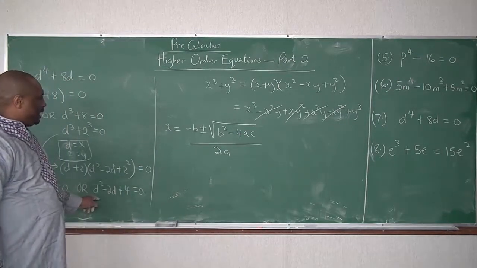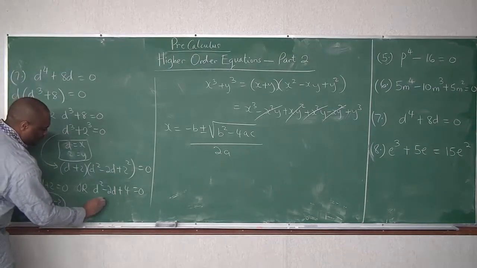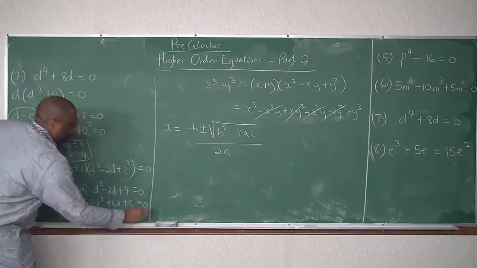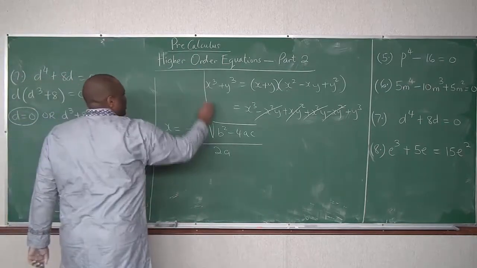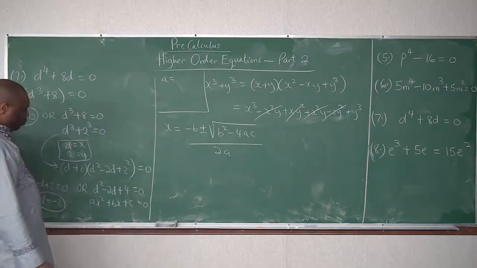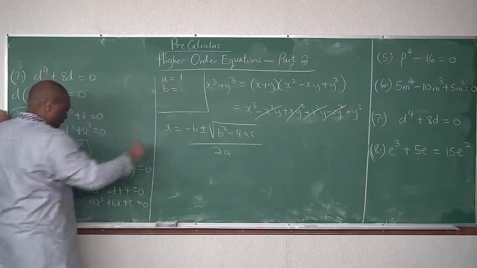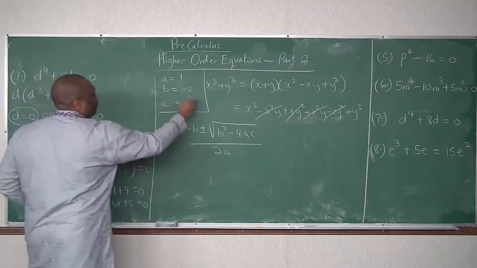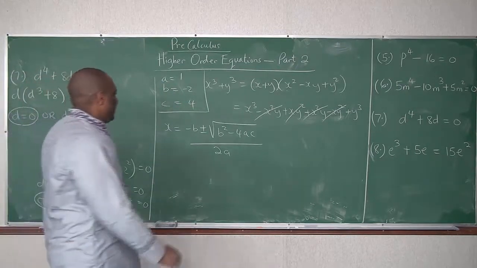Now, this is ax squared plus bx plus c equal to 0. What is my a here? a is 1 if you compare that. b is -2, and c is 4.